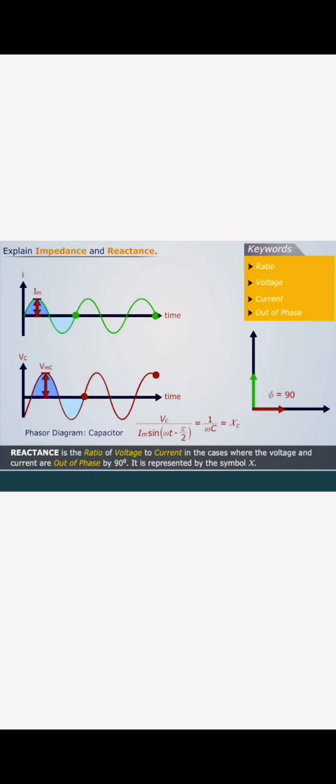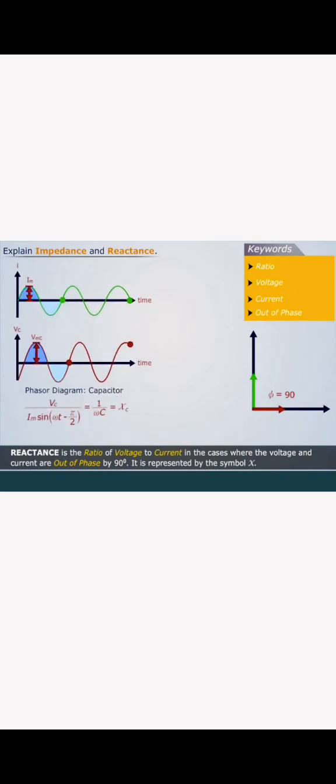The ratio of the magnitude of the voltage to the magnitude of current in the capacitor is defined as capacitive reactance Xc. From the equation, we can see that Xc is equal to 1 by omega C. The terms of the equation can be rearranged in terms of Ohm's law to get a direct relation between peak voltage and current. Now from the equation, it can be deduced that the capacitive reactance Xc decreases with an increase in frequency.